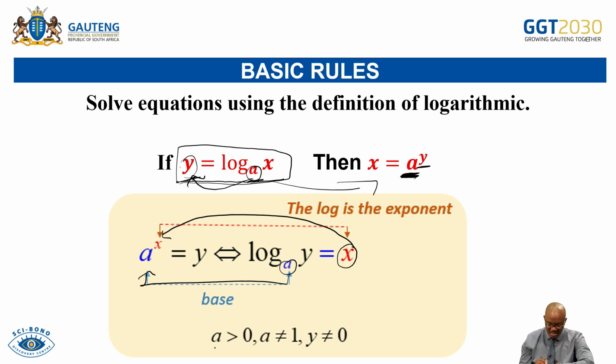And then there are restrictions. a must always be greater than 0, and it cannot be 1, and y can be 0. So remember, in the definition, if you have the log of 1, it will be 0.